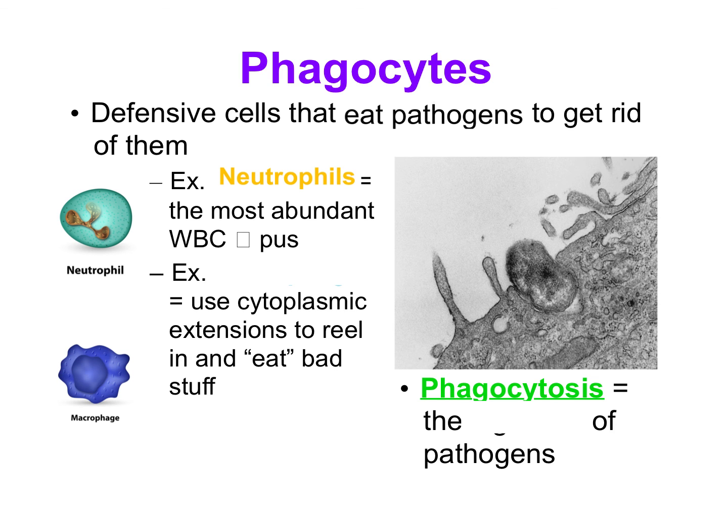A second example is a macrophage. Macrophages use cytoplasmic extensions to reel in and eat bad stuff. And so again, that's the whole name here of phagocytes. If we look over here, phagocytosis is literally the ingestion of pathogens. So that's what these cells are named after, the fact that they are killing these cells by essentially eating them.